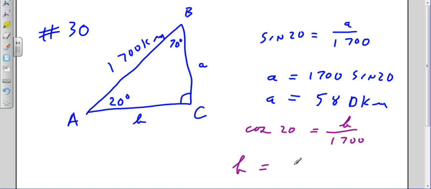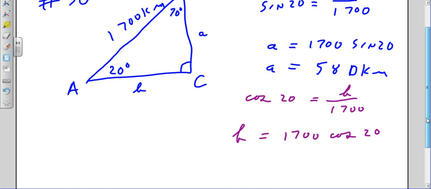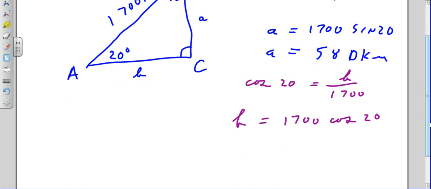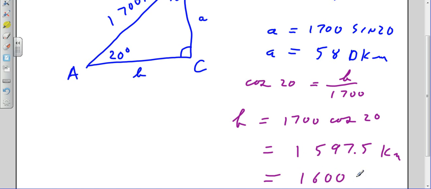So b would be 1700 cosine 20. 1700 times cosine 20, and that would be 1,597.5 kilometers. But again, I only have 2 significant digits, so I'd have to round that up to 1,600 kilometers.